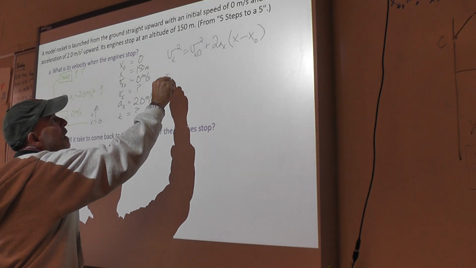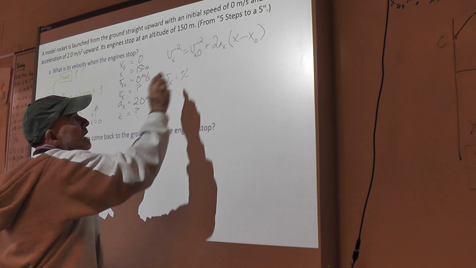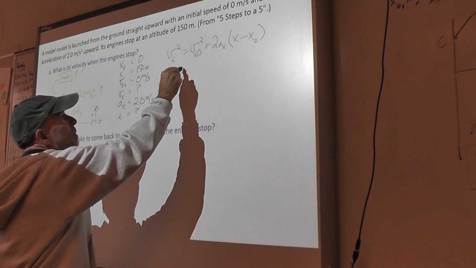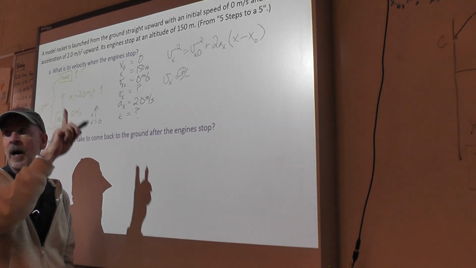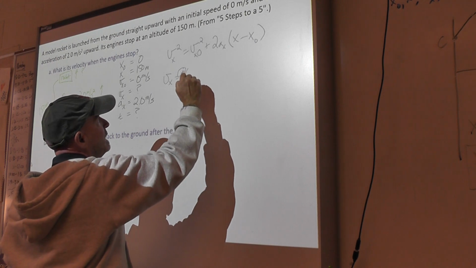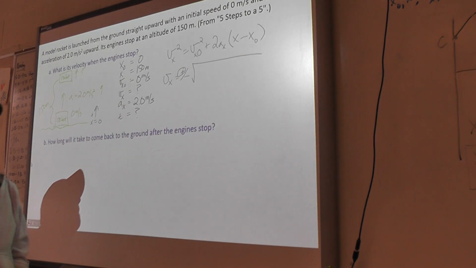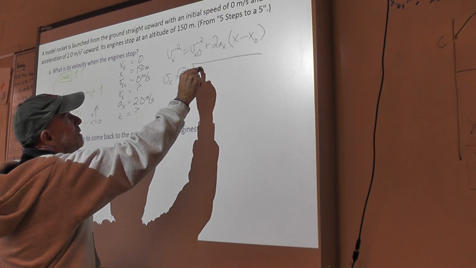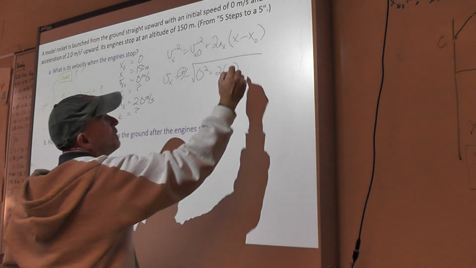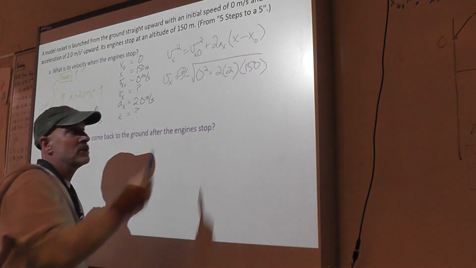And we know, because of our square root rules, that that number mathematically could be positive or negative, but since we know that this thing is moving up when the engine's shut off, we know that our final velocity is positive, so we know what the correct solution is going to be. Our initial velocity is 0. Our acceleration is 2 meters per second squared. Our displacement is 150 meters. 150 minus 0 is just 150.